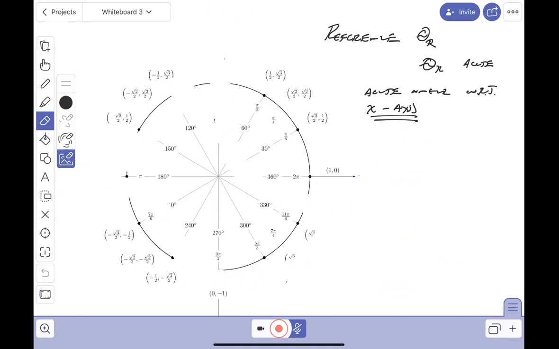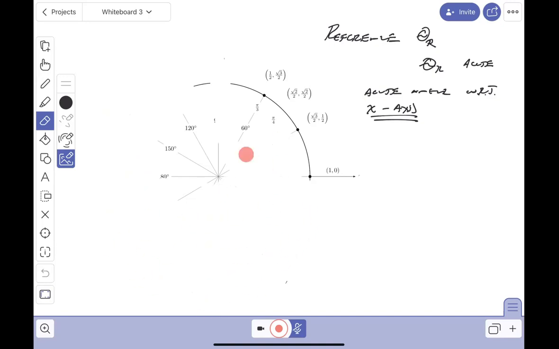Oh, you know what? I just erased my picture. I don't want to do that. Go backwards. Maybe I can't go backwards. I got a new picture. Let me erase the whole thing then. Sorry about that. I'll get a new picture. Don't worry. Maybe it's time for a new picture anyway.